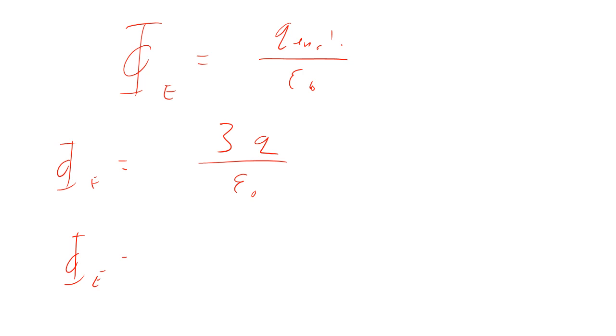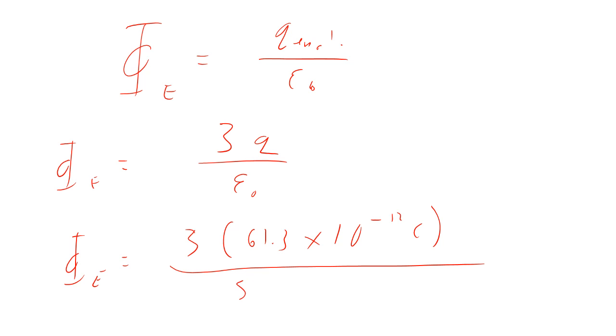So that means this is going to be 3 times 61.3 times 10 to the minus 12 coulombs, divided by 8.85 times 10 to the minus 12 coulombs.